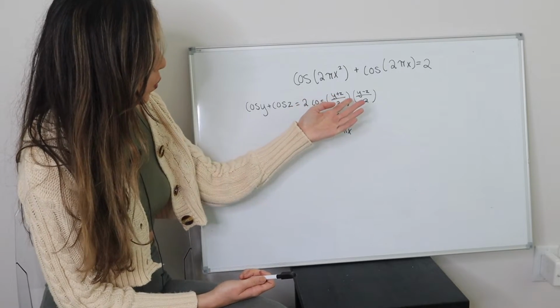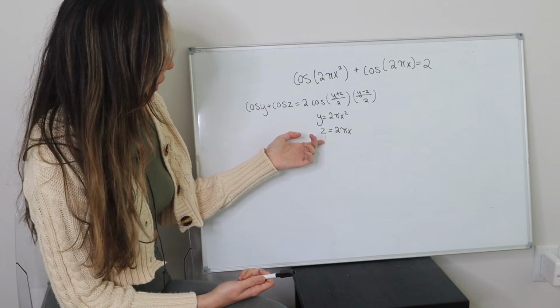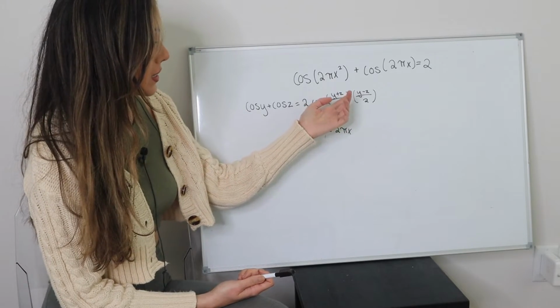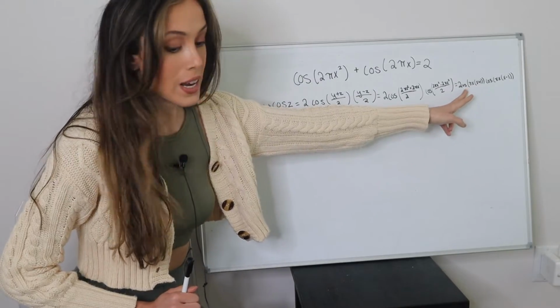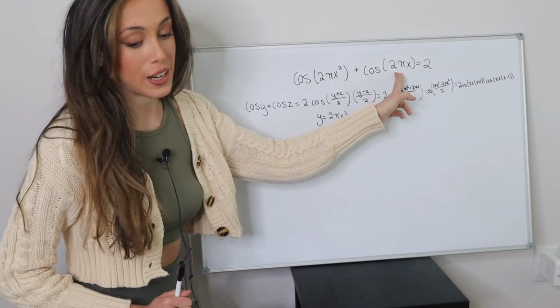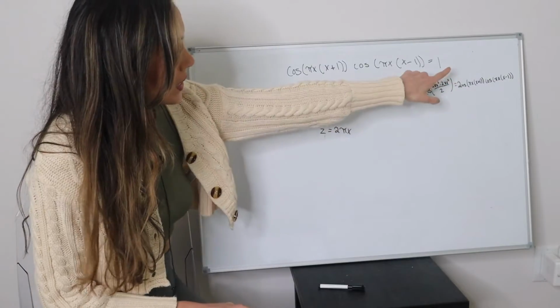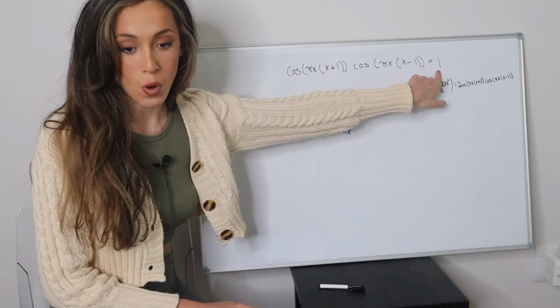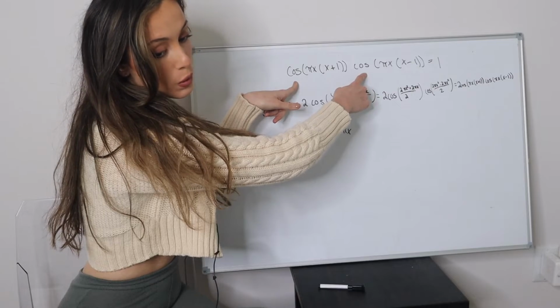Let us set y to 2 pi x squared and z to 2 pi x. Substituting these in, we can now substitute this into the equation up here and do some rearranging to obtain, since this is 1, together these must equal 1.